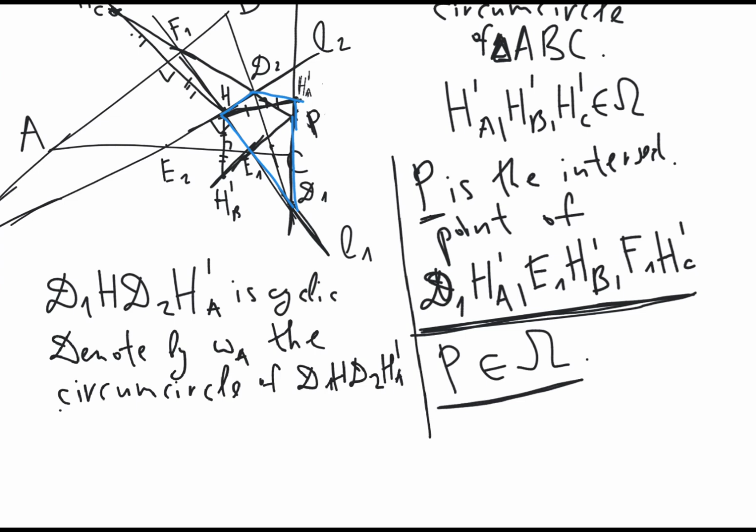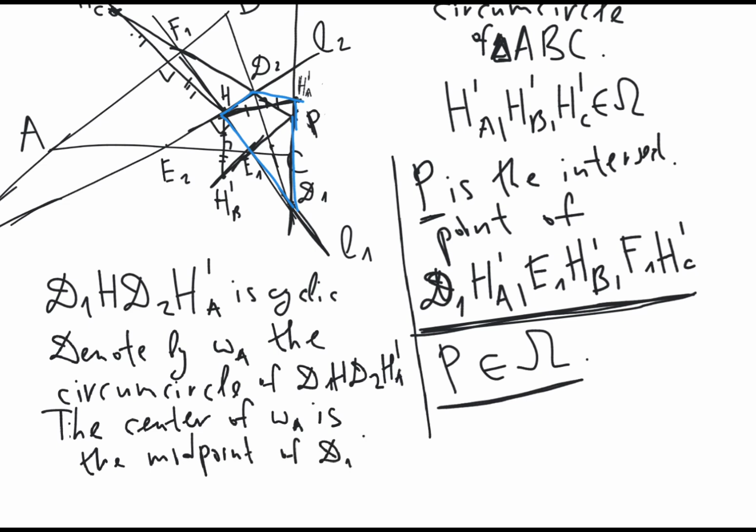The center of omega A is exactly the midpoint of D1 D2, one of the midpoints that were in the problem setting.